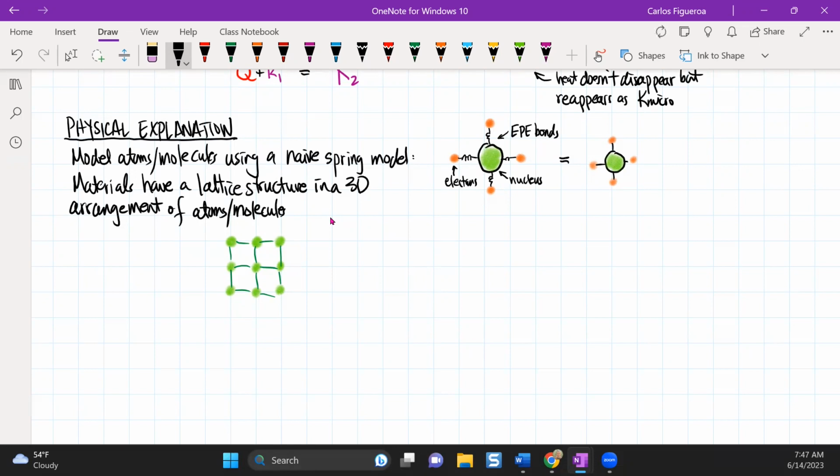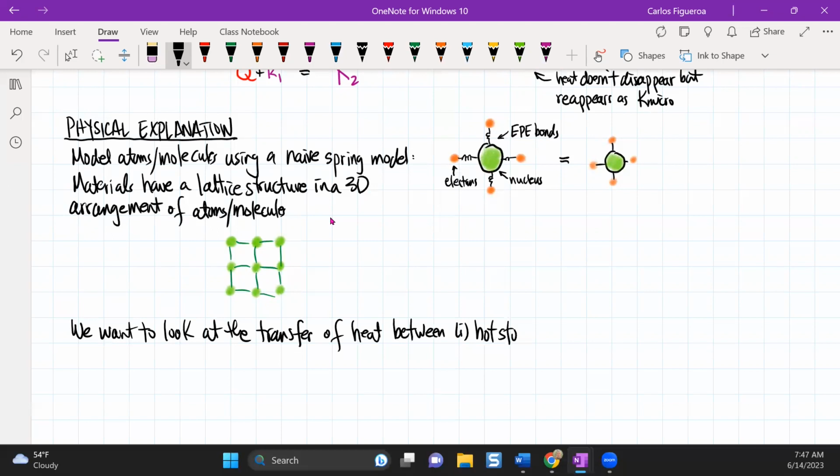We want to look at the transfer of heat between a hot stove to a metal pot and to the water.